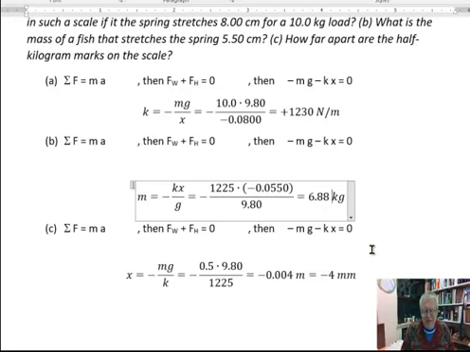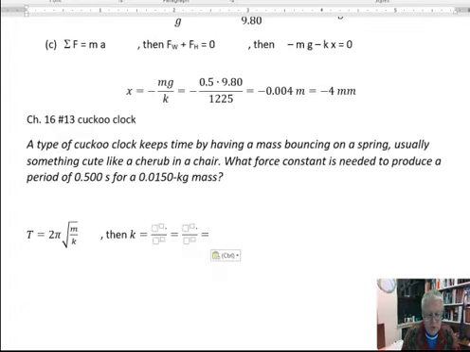That's why I said 6.9 or 7 kilograms, because the stretch of 4 millimeters for already half a kilogram is quite a bit. This is actually a pretty robust spring scale that is being used here. All right, make a pause before I start the next problem that I want to do.